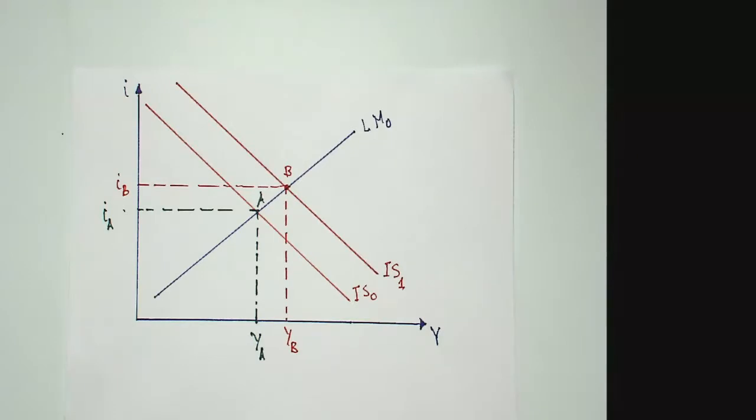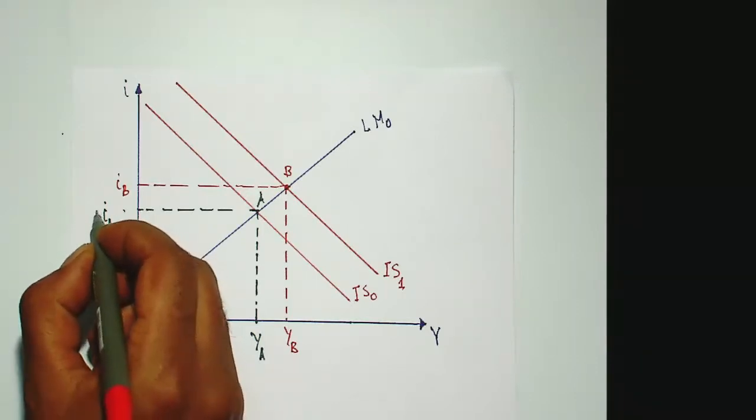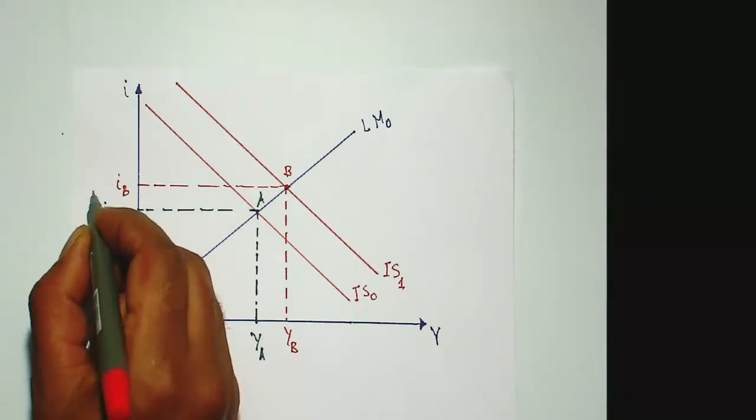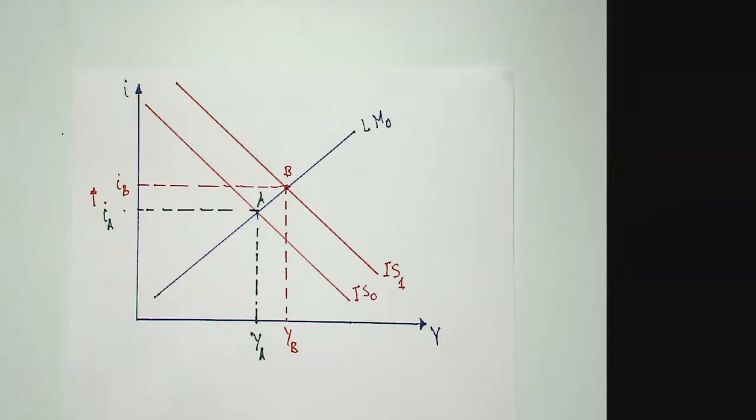If there is an excess supply of bonds in the market, there would be a low price of bonds, and if there is a low price of bonds, we have said there is an inverse relationship between low price of bonds and an interest rate. So the inverse relationship would indicate that interest rate would rise.